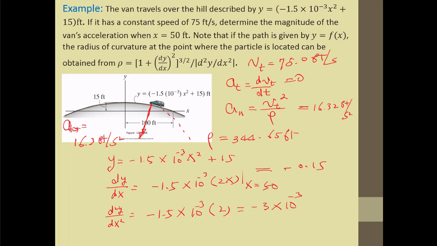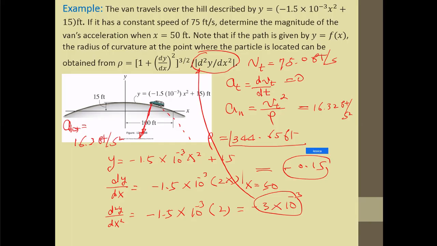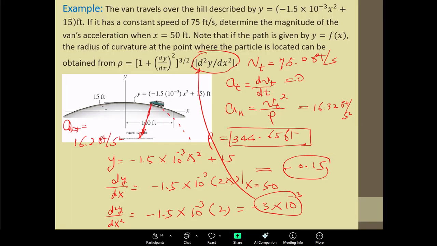That's why we take the absolute value right here. So plug in all these values into the formula, and then rho turns out to be this. Anybody got this one right? Rho, the radius of curvature.